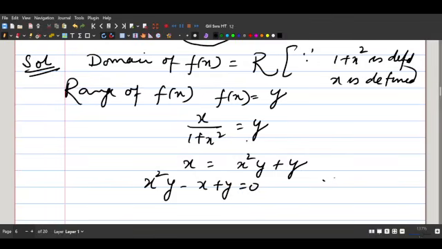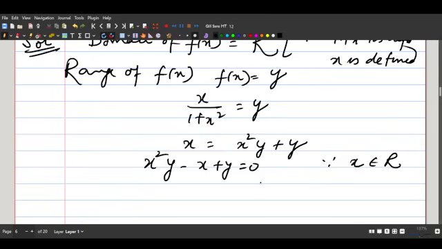to 0. Because x is giving you the domain, x belongs to R, real values. So that gives you the idea that the roots of this quadratic equation belong to the set of real values. It means if I find the discriminant from here, the discriminant is b square minus 4ac, and it should be greater than or equal to 0.